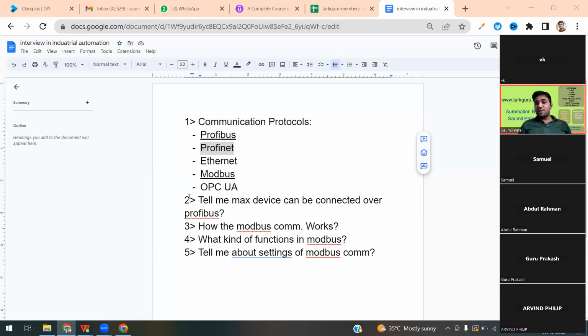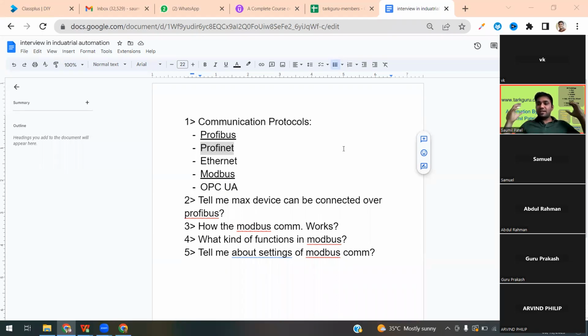What is the difference between Ethernet and Profinet? Yes, this is a good question actually. See, Profinet and Ethernet, I think it's the same protocol, but Siemens has developed its own protocol and given it the name Profinet. It is still a TCP/IP based protocol, and Ethernet is also a TCP/IP based protocol.